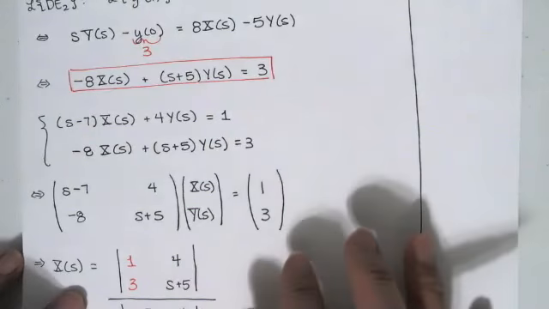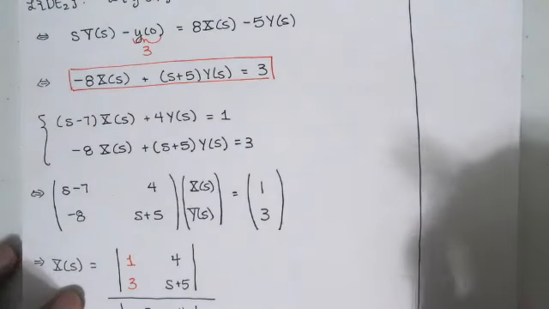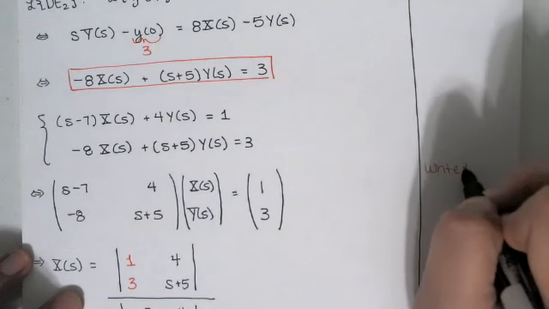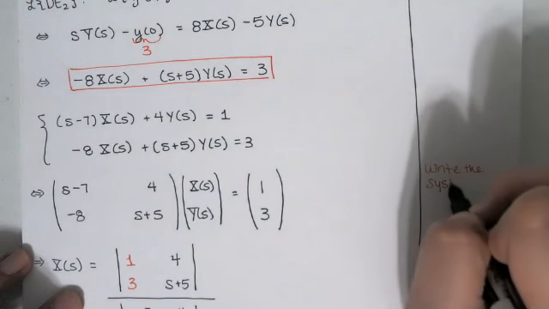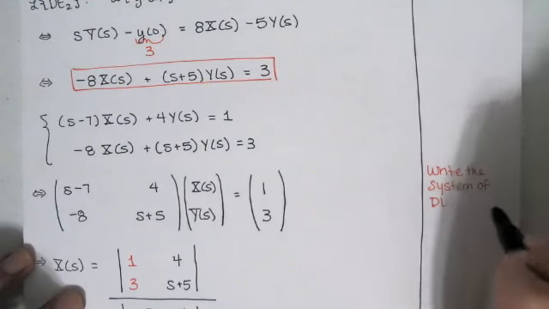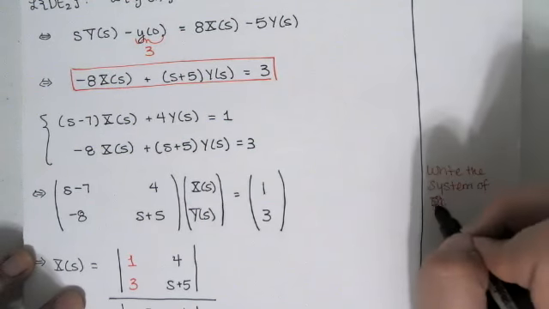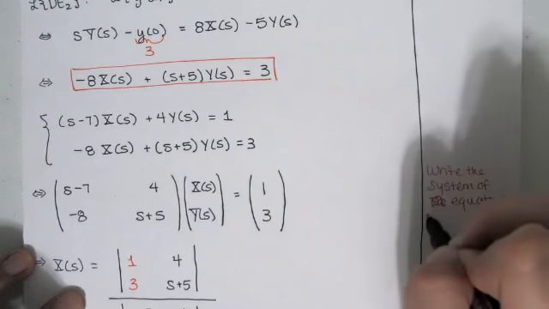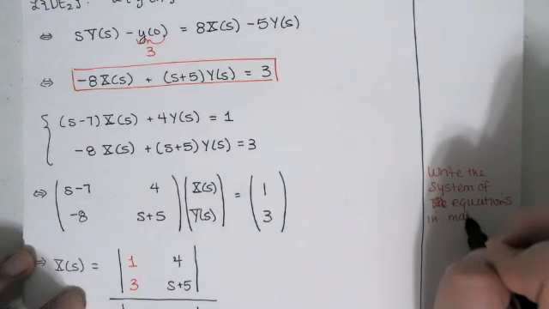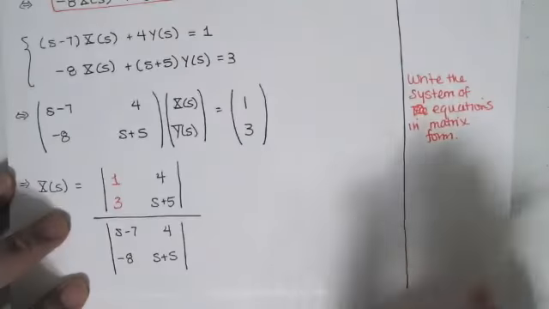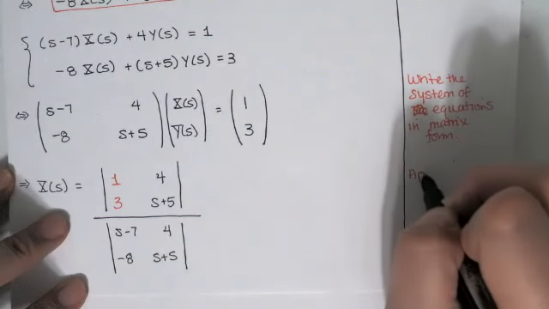So let's see, what did we do? We computed the Laplace transform of both differential equations, and then we write the system of equations. Well, I guess it's not DEs anymore. Let's just call it the system of equations in matrix form. And then we apply Cramer's rule to find X of s.